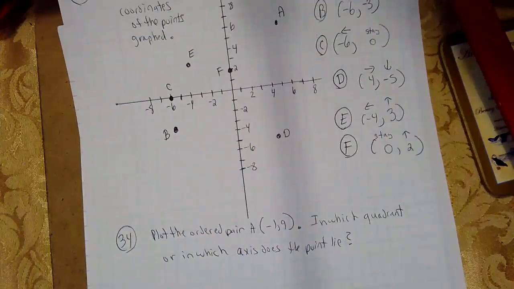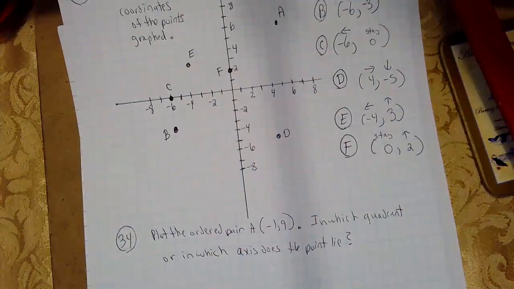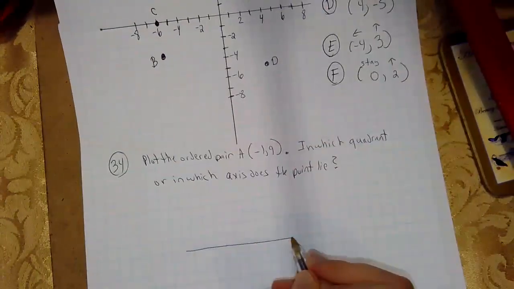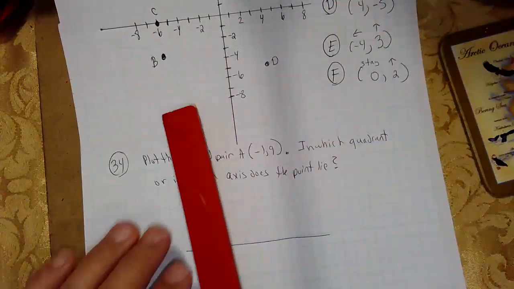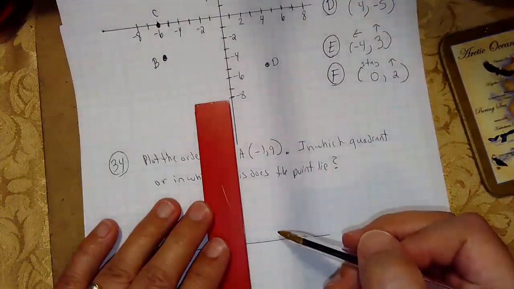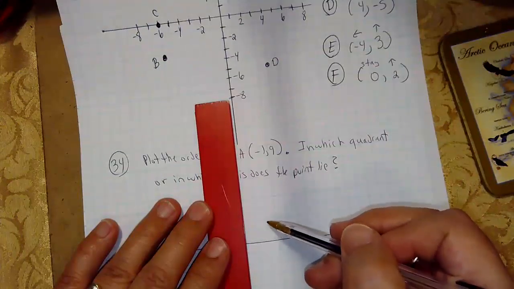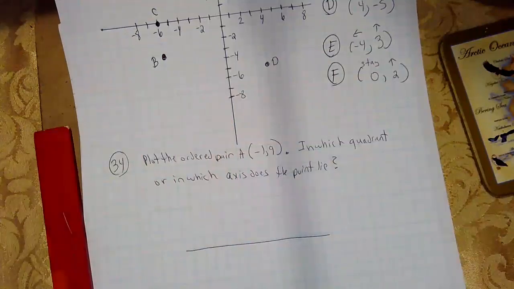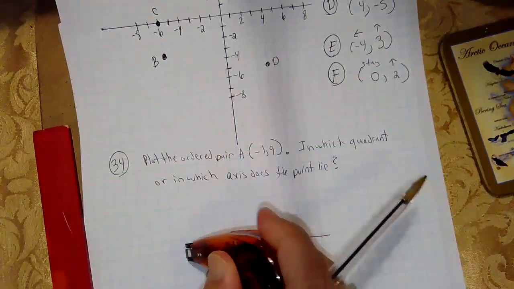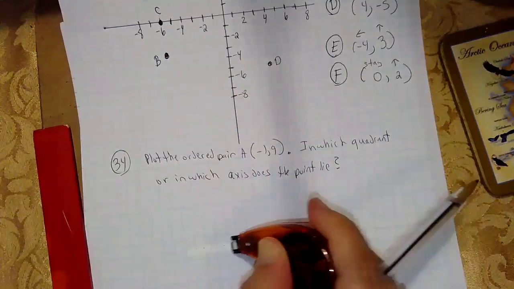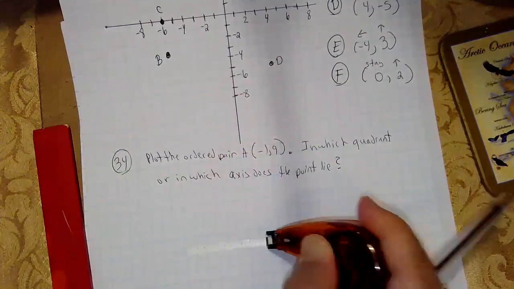Okay, so again on the quadrants, remember we talked about the quadrants. It looks like I didn't use enough paper. I see that 9, and I'm not going to have enough room to go up to 9.